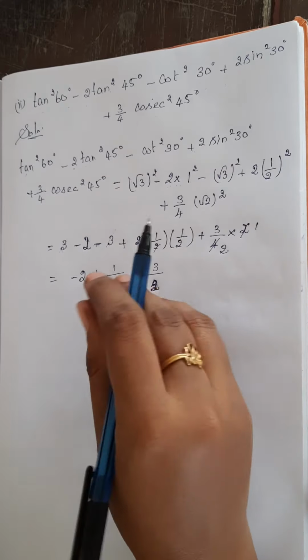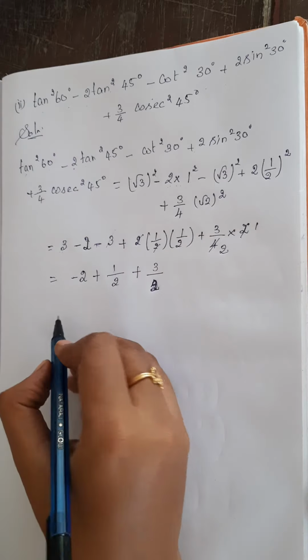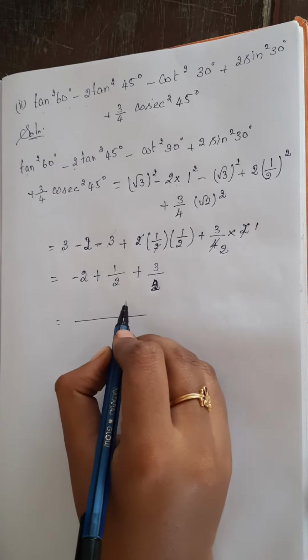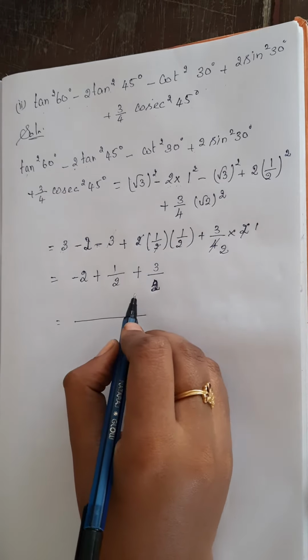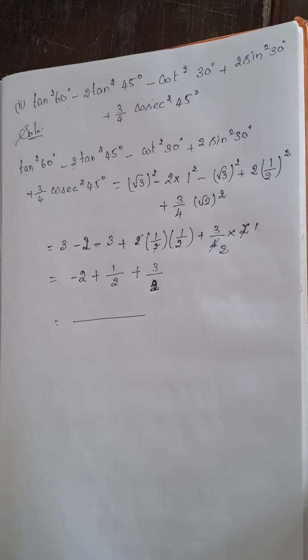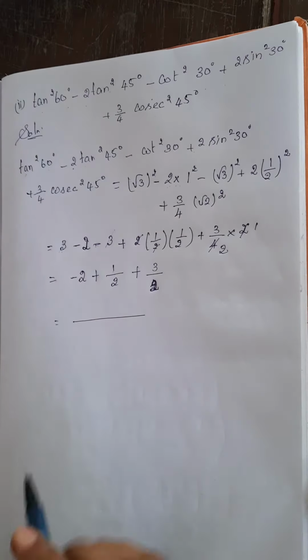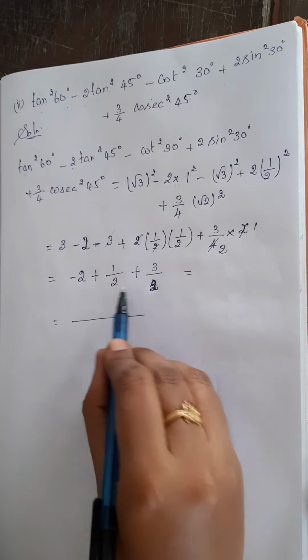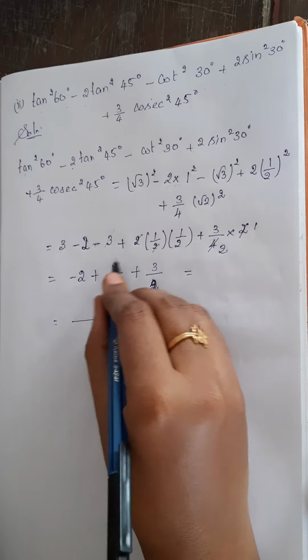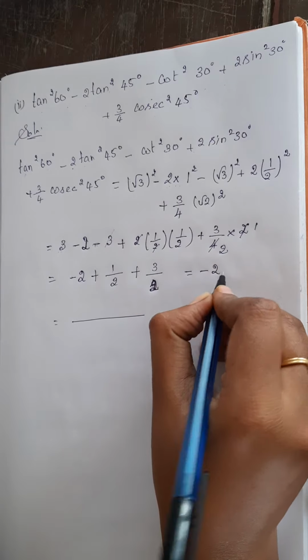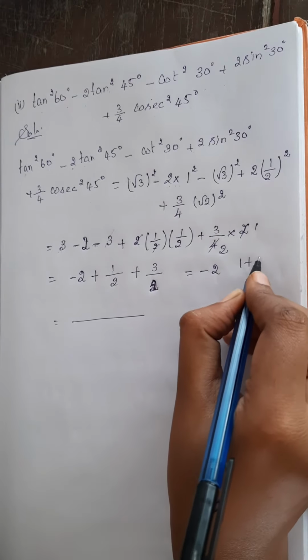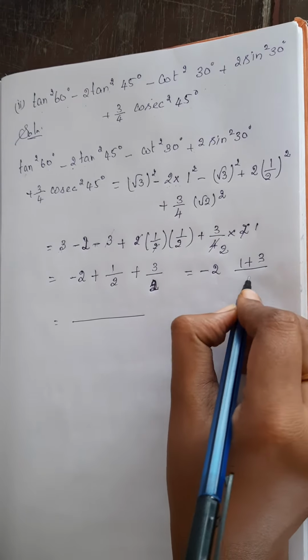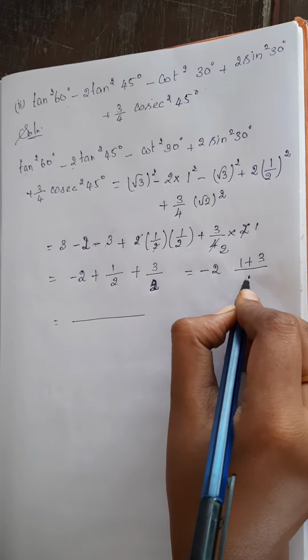What is the LCM? Next you can take the LCM. LCM is 2. Before doing that, from this step, look at both denominators are 2. So first we can simplify both. Minus 2, 1 plus 3 by 2.